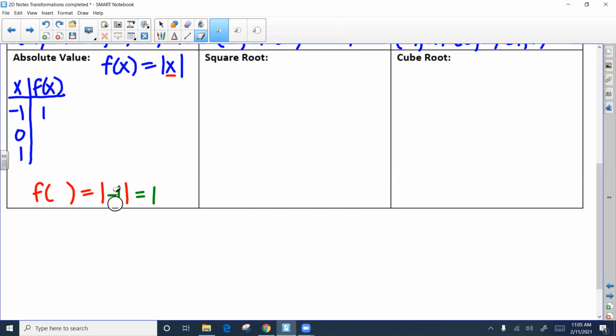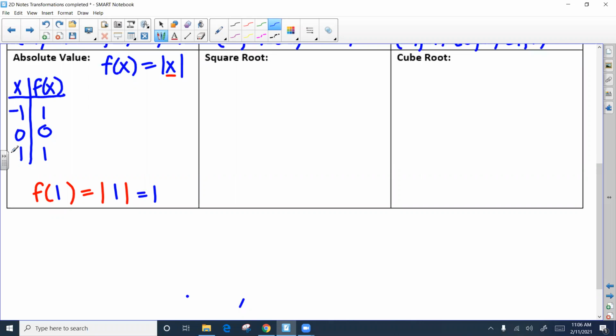Okay, now let me plug in a 0. F of 0 equals absolute value of 0, which is 0. And if I plug in a 1, f of 1 equals absolute value of 1, which is 1.